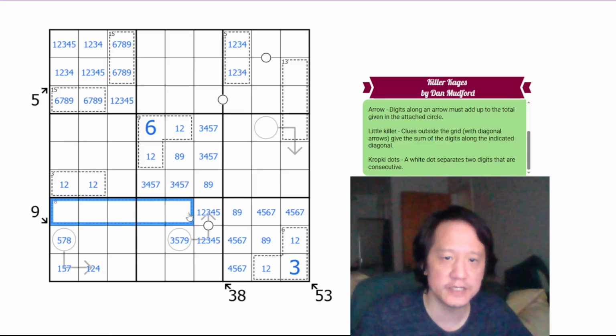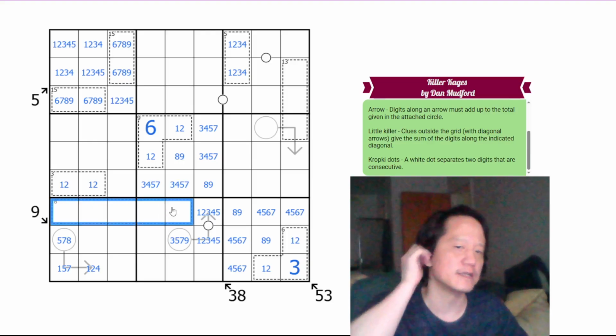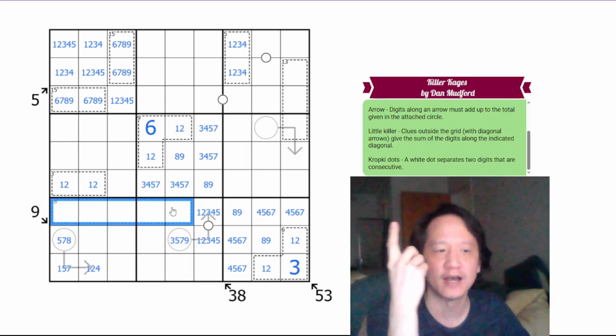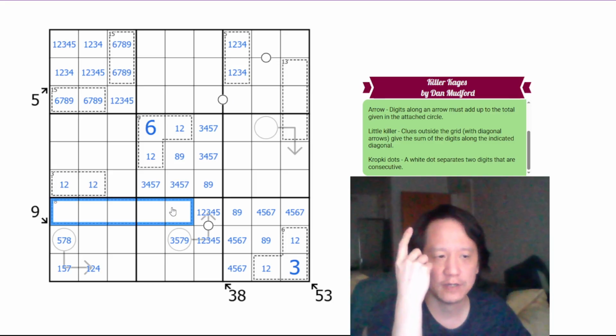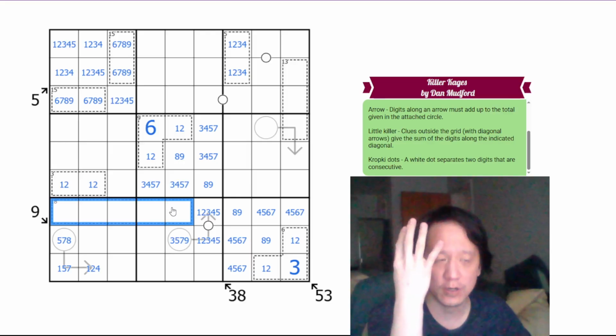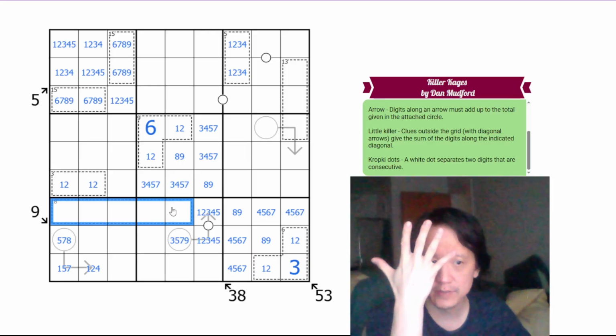Adding up to 18. You have 5 digits adding up to 18. What's the largest digit you can have in that cage? Well, if you have the lowest amount of digits, 1, 2, 3, and 4, the highest one you can have is an 8. Right?